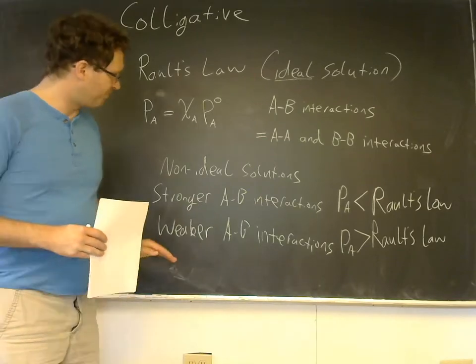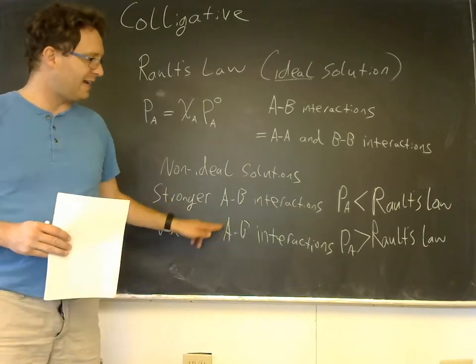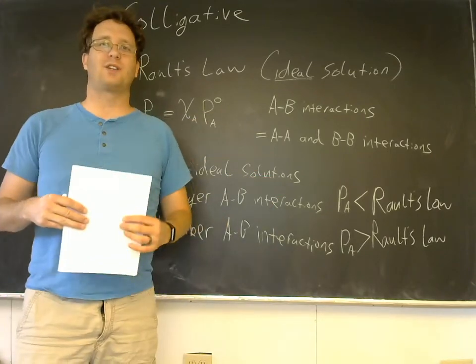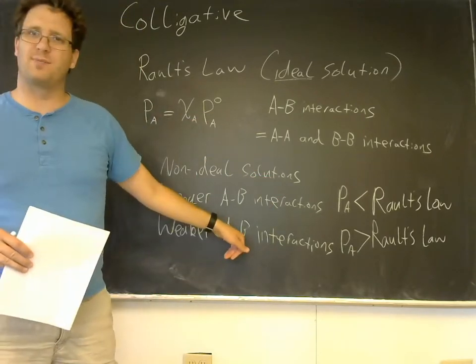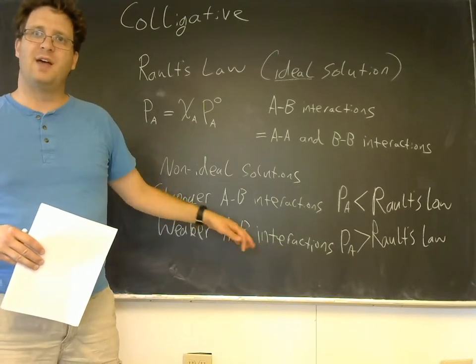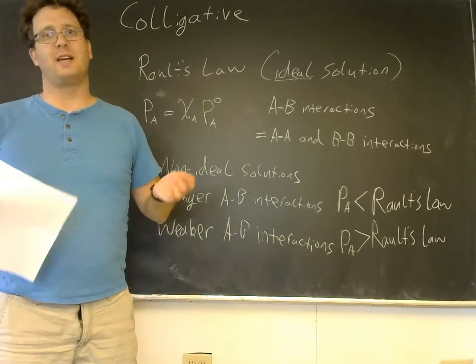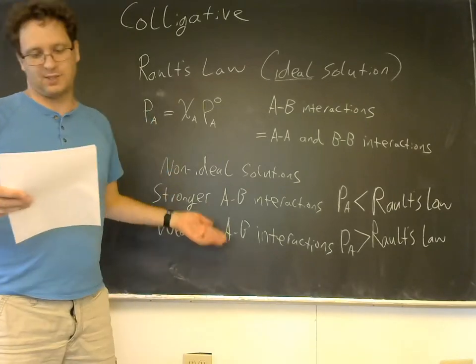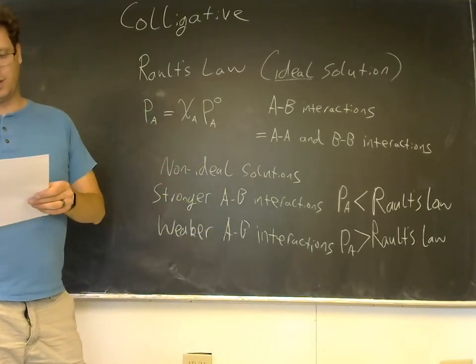And if you have weak A-B interactions, then you've disrupted the solvent-solvent interactions, you've replaced them with something that's really weak, and that means that the solvent particles are being held less forcefully than before, and it's particularly easy for them to escape.